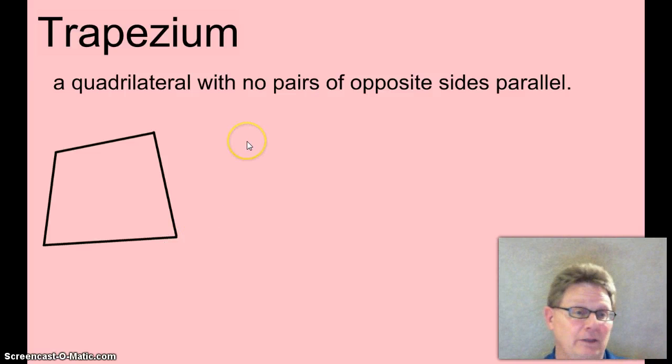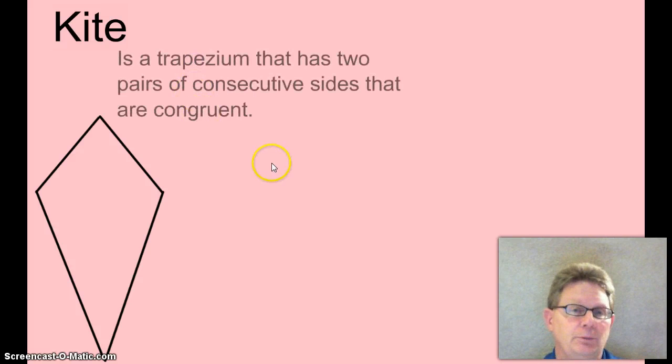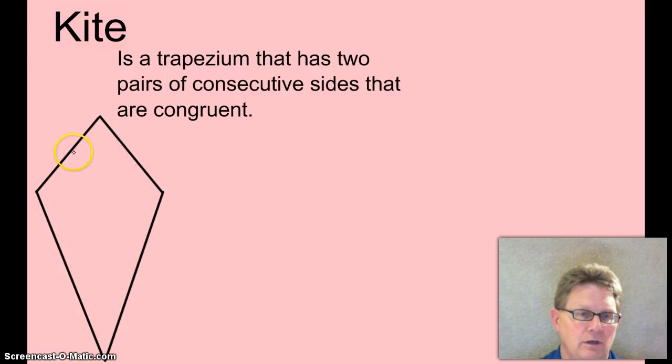But there is a special trapezium. It's called a kite. And a kite is a trapezium that has two pairs of consecutive sides that are congruent. So this side would be congruent to that side, and this side would be congruent to that side.